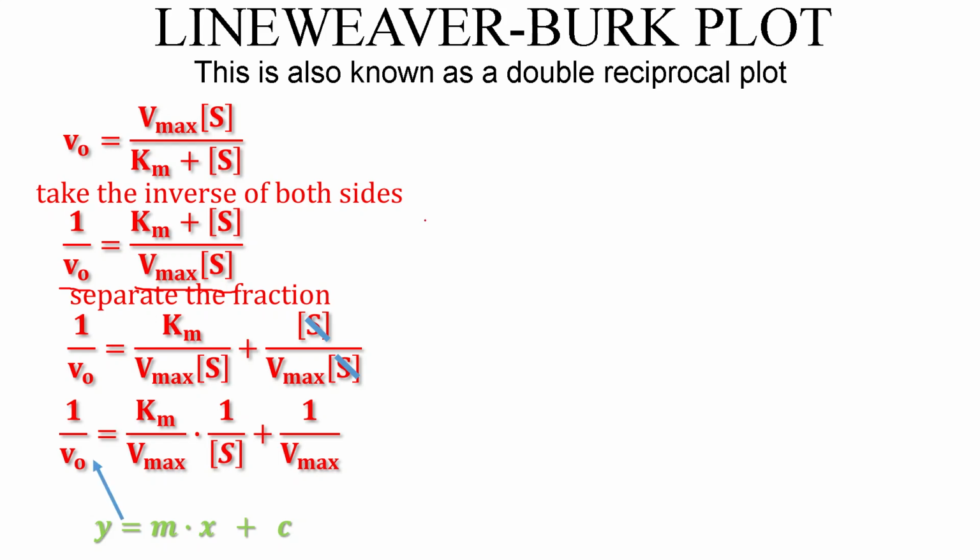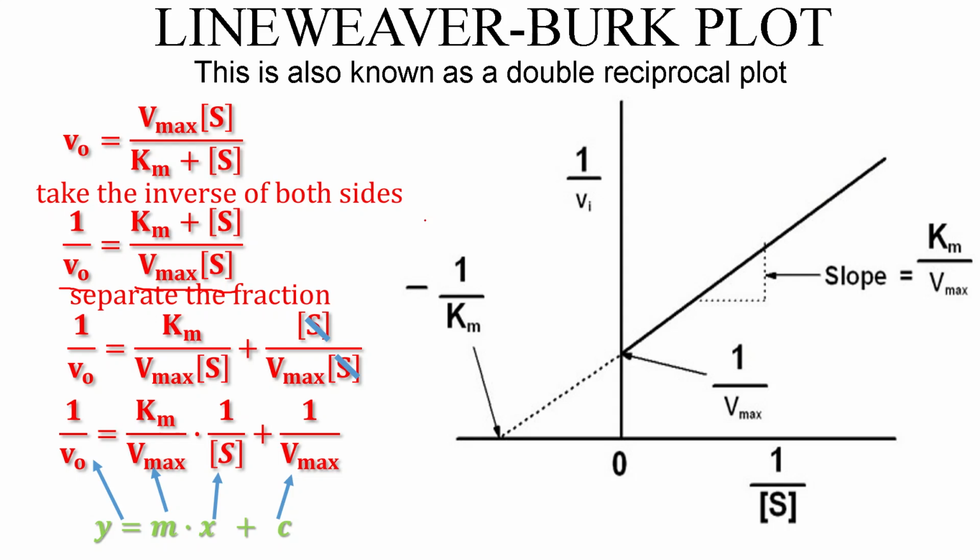So now we say that 1 over v0 is our y, m is Km over Vmax, and 1 over s is our x, and then our c will be equal to 1 over Vmax. So if you make the plot, you will see a plot that looks like this.